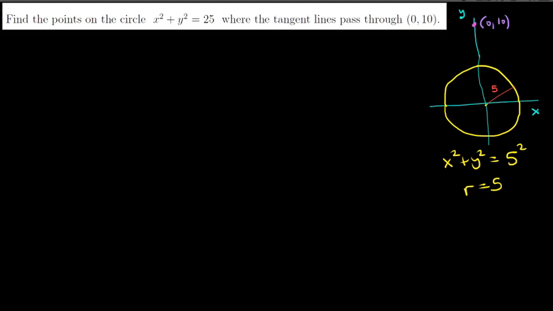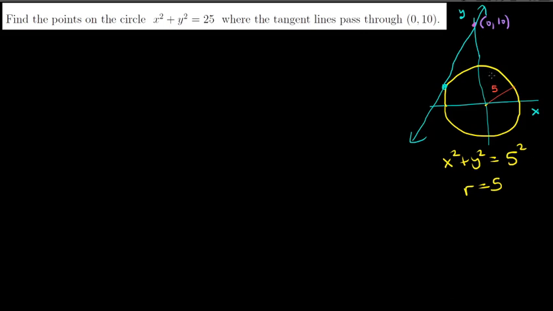Well, there's a tangent line that touches the circle, but also passes through this point. Somewhere around here, right? If I draw the tangent line at that point, it will also pass through the point 0, 10.